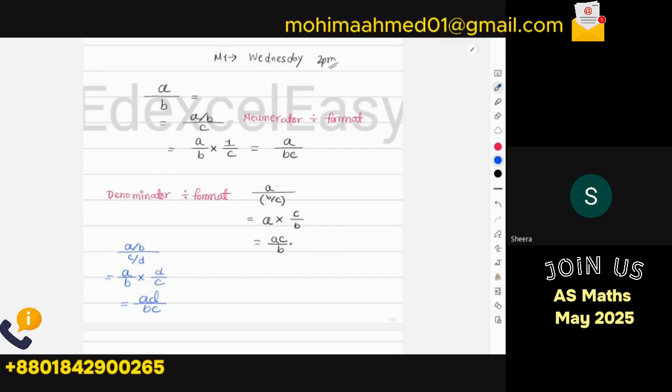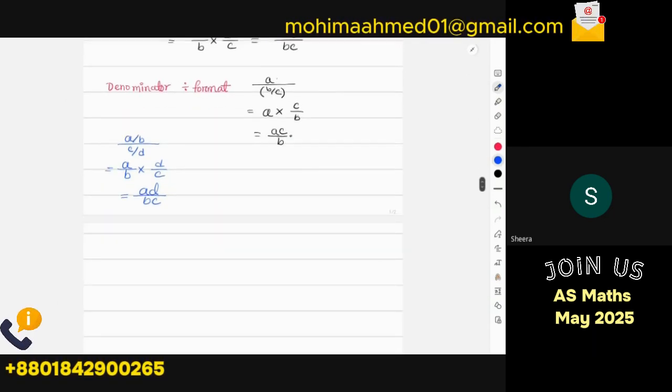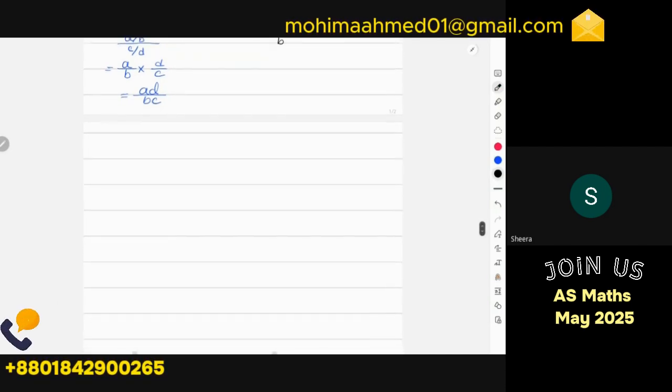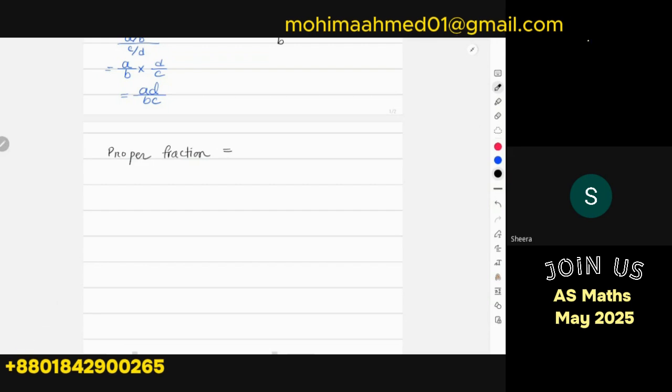And another thing, there are 2 other cases, for example, if I use numbers. Okay, for example, you have proper fractions and then again you have improper fractions. What is a proper fraction? A proper fraction is basically when your numerator is smaller than your denominator.